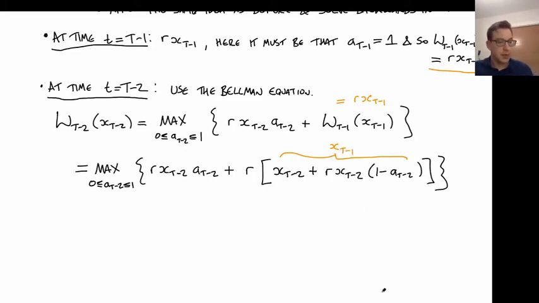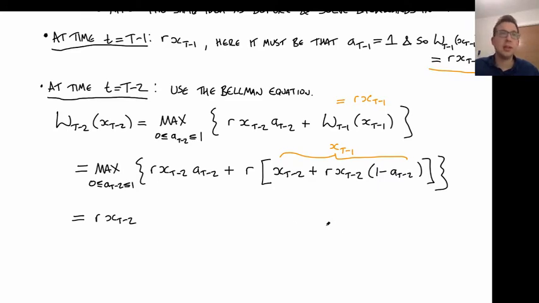All right, so now I can just start to tidy up this expression a little bit. Notice that there's an r of x of t minus 2 in all of these expressions, so I can take that out. And I can also tidy up the terms a bit here. Some of them have things to do with the action that I'm taking, the amount that I consume, and some of them don't.